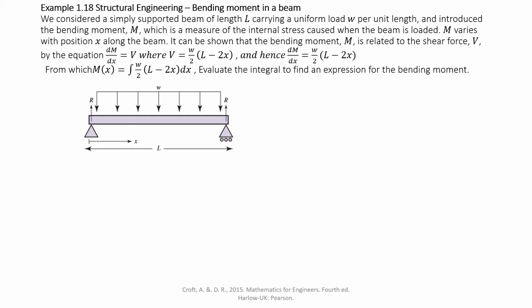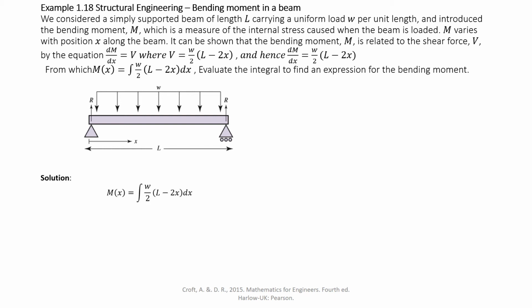This is modeled by the structural engineer, and as V is the rate of change of M with respect to x, we write for V as dM by dx, and this is a derivative. So if we want to know M actually, we integrate it. So a reverse of differentiation is involved here.